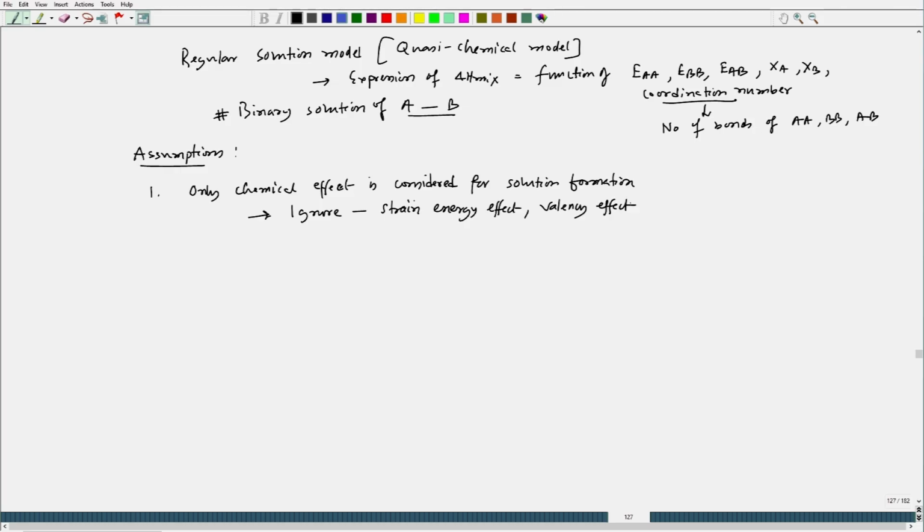All those effects can actually influence the degree of solution formation. So, we will not consider them.